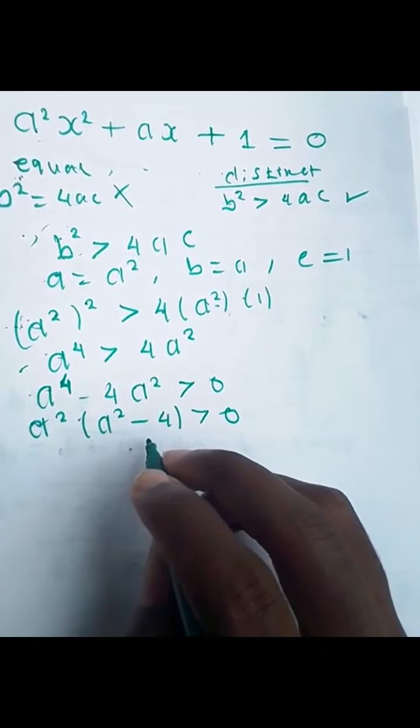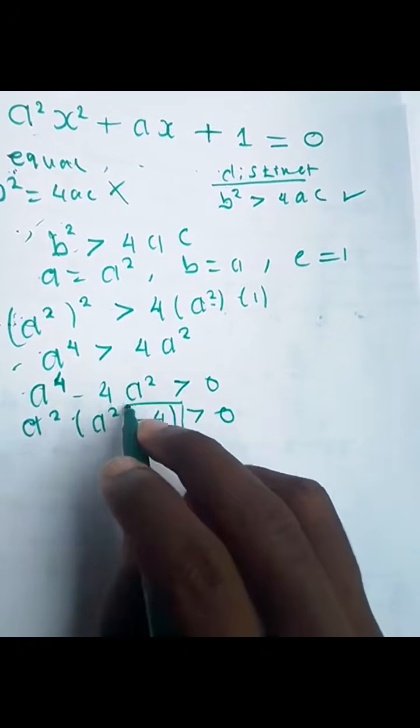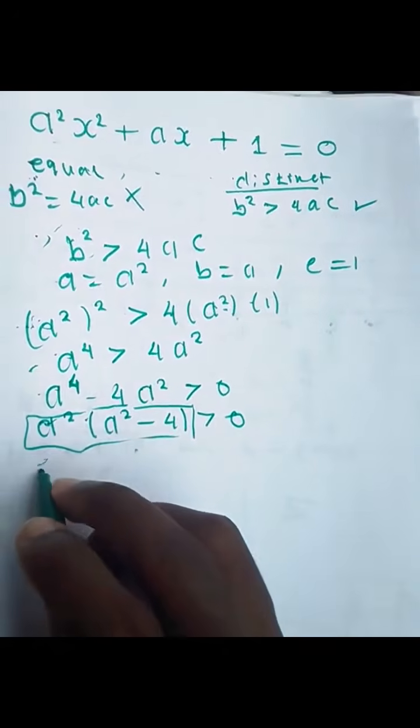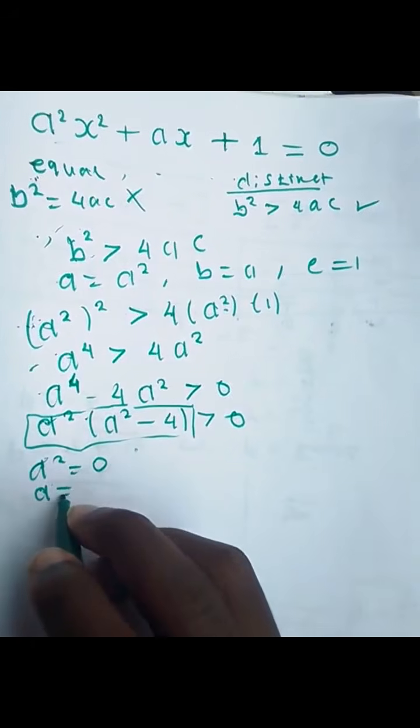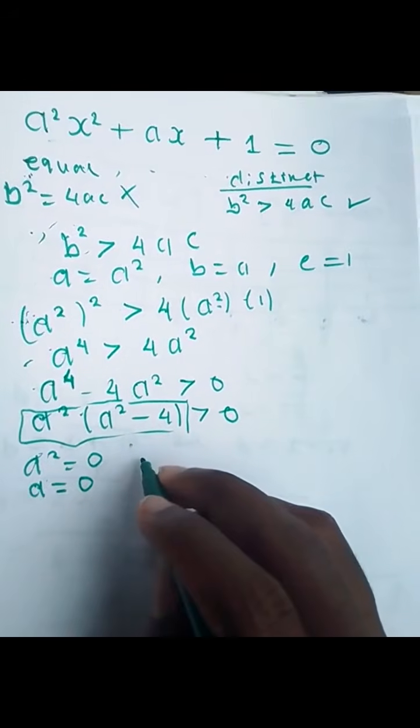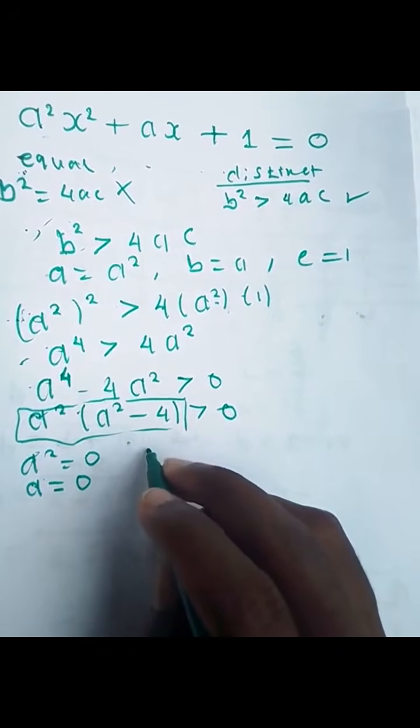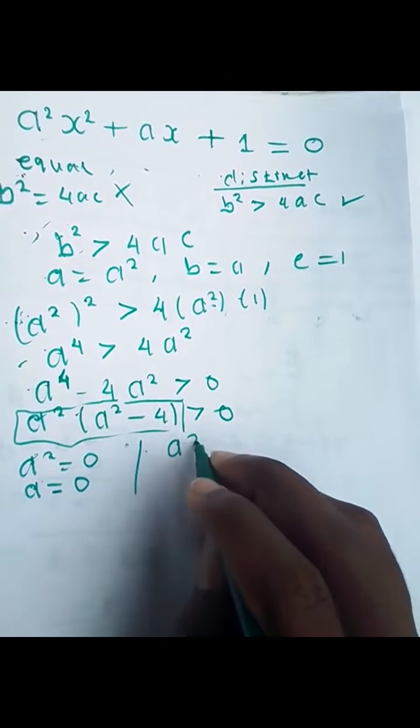Right now, let's just solve this part, like we equate each to 0. So a power 2 is equal to 0. So the first possible value of a is 0. And then we have a power 2 minus 4.